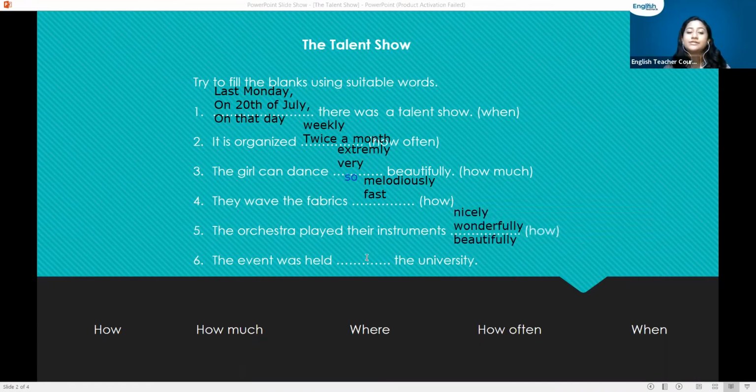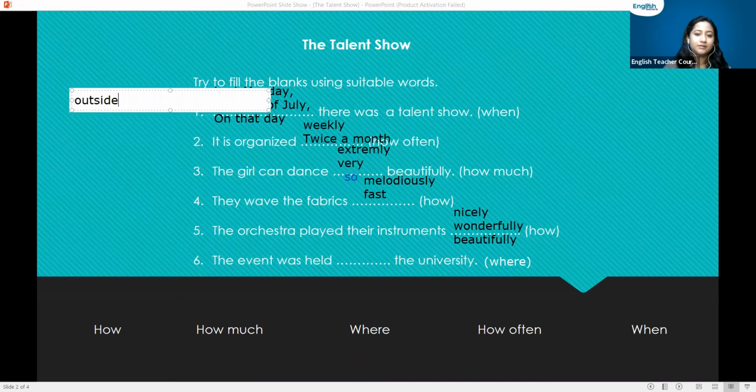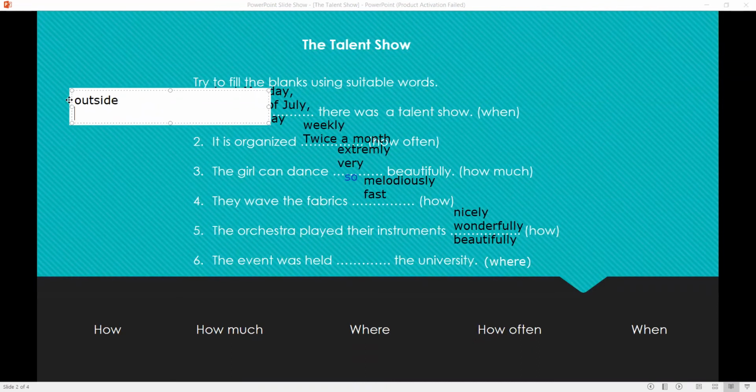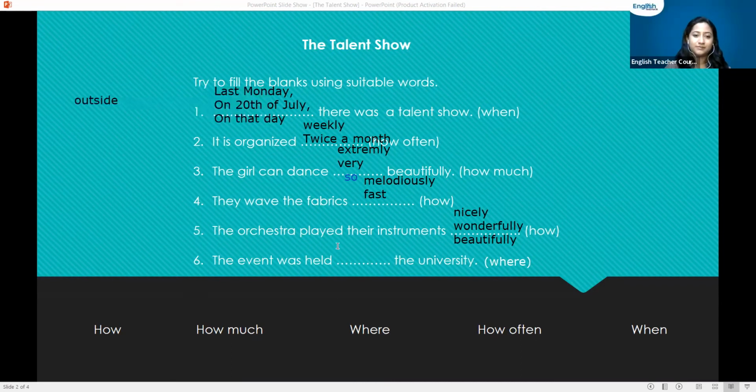The event was held blank the university. For this one, I haven't had an answer. I will add it now. Where? At the university. At is not like an adverb. Let's try to use an adverb here. Adverbs can be outside, inside. In the university, you can say inside. In is also a preposition.